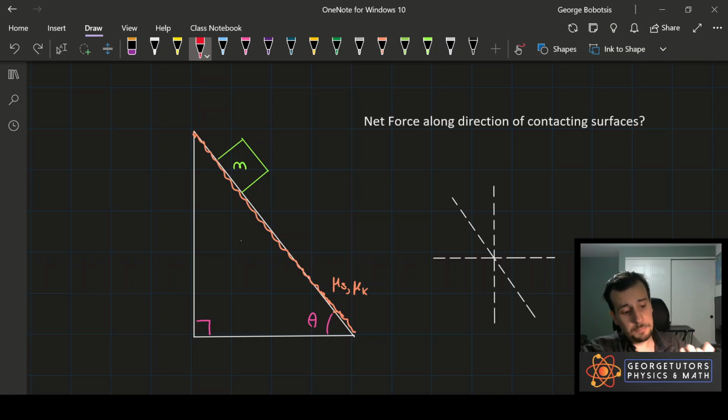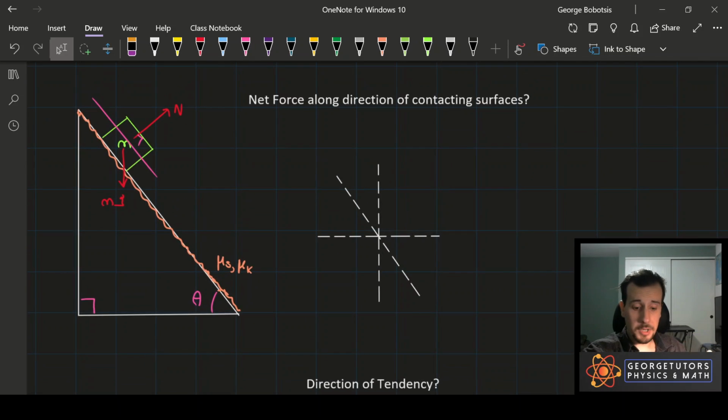So to see them, first of all, I need to identify the forces that are acting on this box. Obviously, we have gravity over here moving toward the center of the Earth, so downwards. We've got the normal, which is a force perpendicular to the direction of this incline. And to see things a little bit better, I will make a free body diagram here on the right, just to see how I'm going about solving this particular problem.